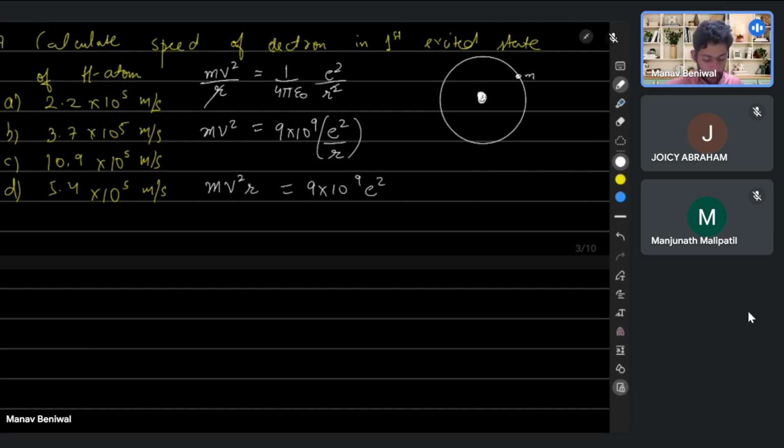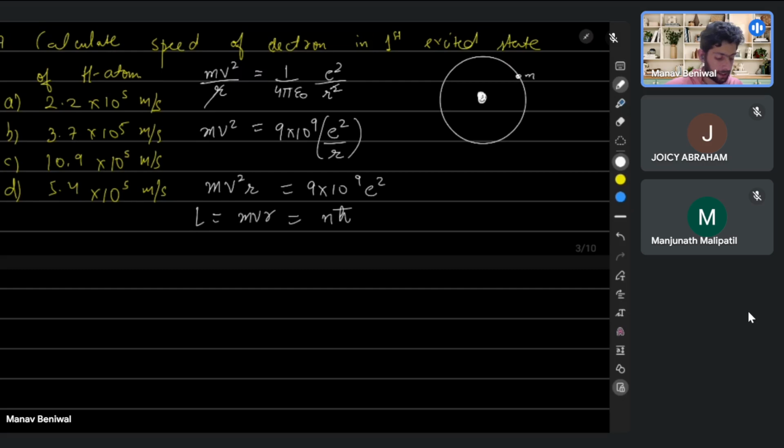Now we also know that angular momentum L, which is mvr, is quantized, and that is given as n h cut. Correct?